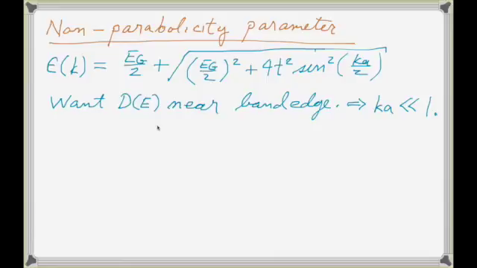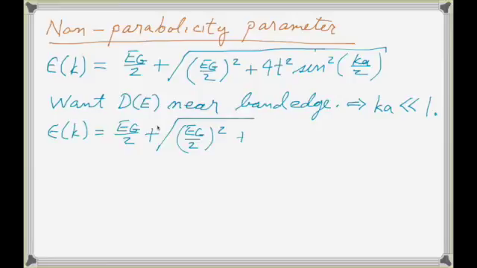Let me just rewrite that. So then we have E of k, and that sine term just becomes plus 4t squared k squared a squared over 4, just replacing sine of theta with theta. So sine squared theta becomes theta squared, and the 4's cancel out.